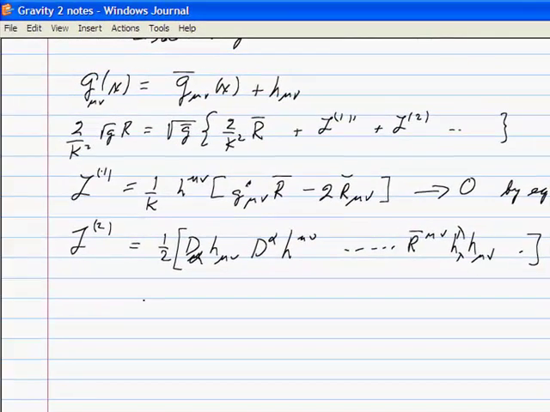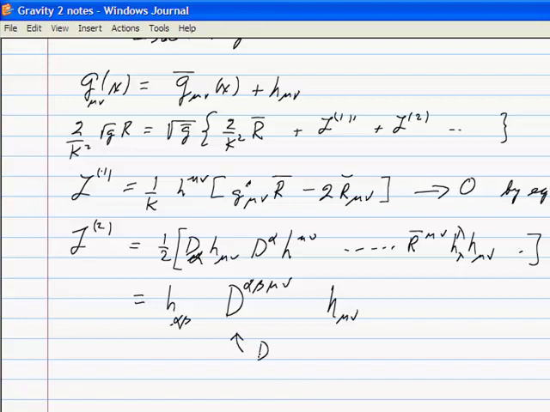This is going to get put into, we have a little bit of work to do before we get there, but this will be some h alpha beta D alpha beta mu nu h mu nu. It's some quadratic form, like our heat kernel, a little heat kernel thing.